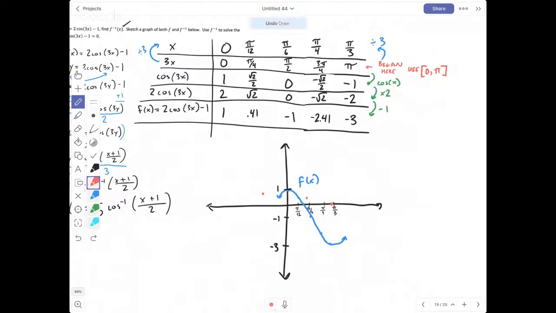Still should be less than 1, huh? So like that. And negative 3, pi over 3.